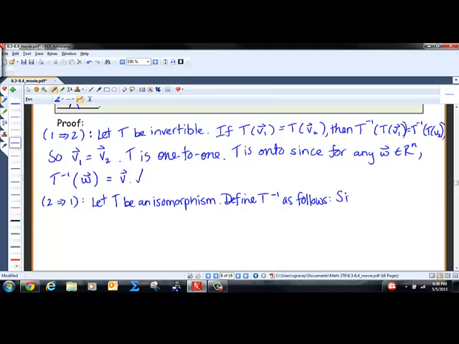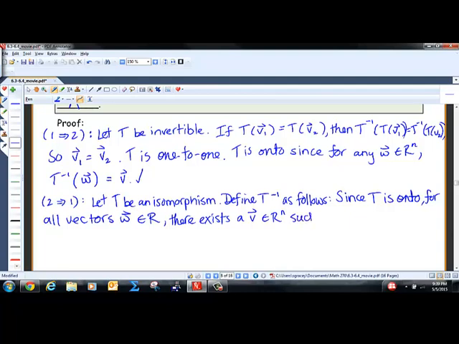Since T is onto, for all vectors W that are in Rn, there exists a V that belongs to Rn such that T at V is W.